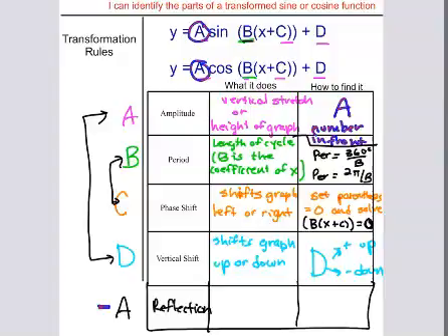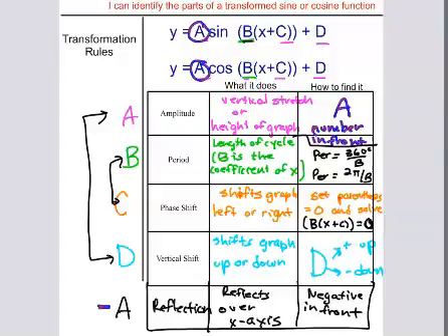But the negative in front of it reflects it over the x-axis, okay? Negative in front, reflects. Okay, so that was kind of summing up everything.